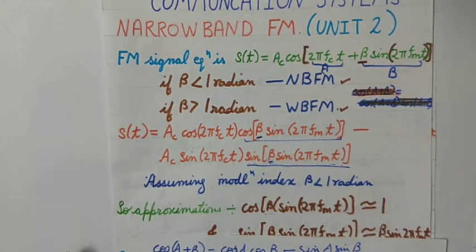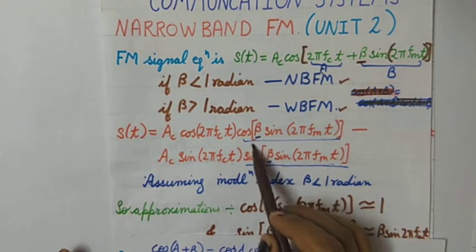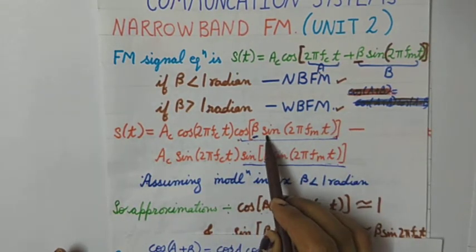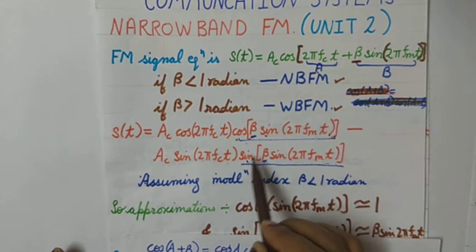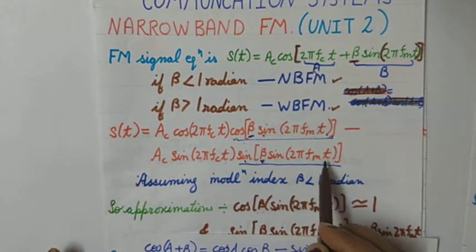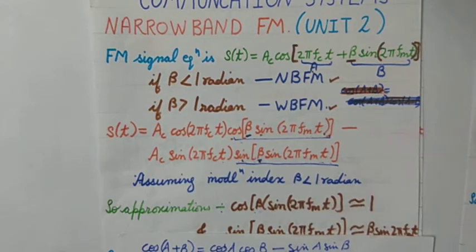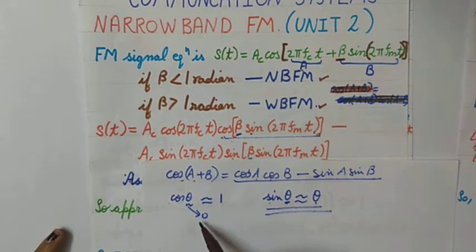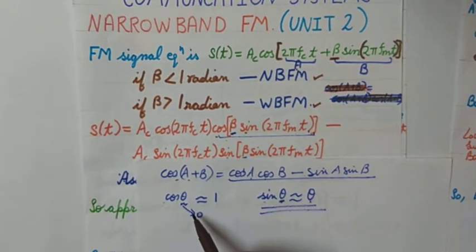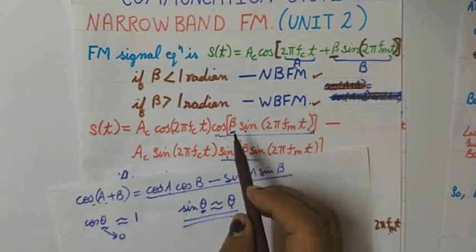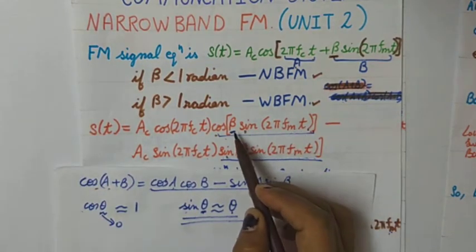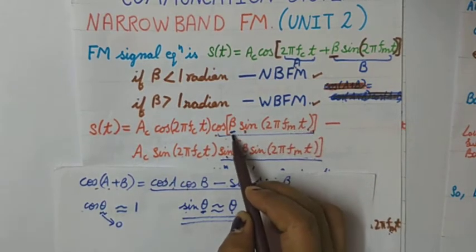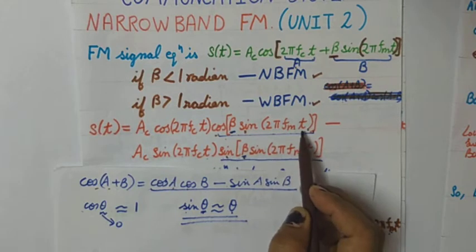We can see that beta appears inside the angle in two terms: cos, with beta multiplied by this whole term inside the bracket, and the other term is sine, with beta multiplied by this whole term inside the bracket. Any term multiplied by a very small quantity will give another very small quantity, so this whole angle is very small.